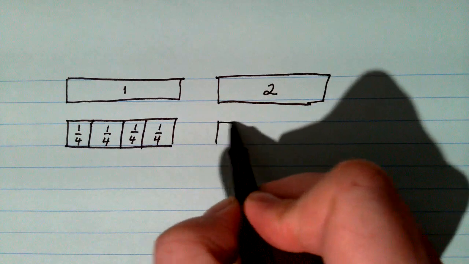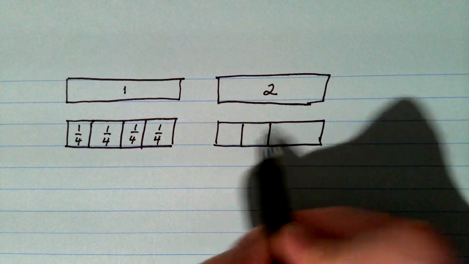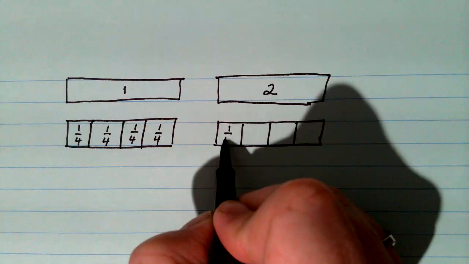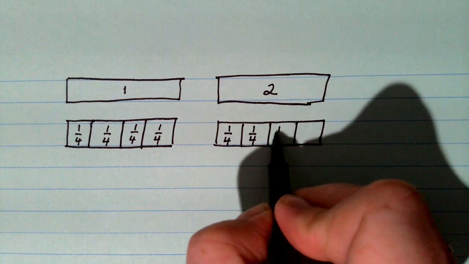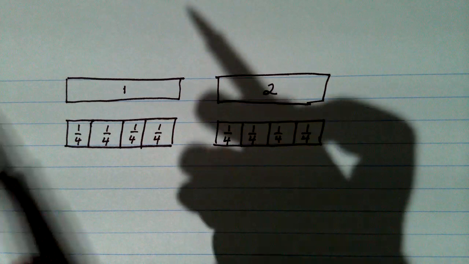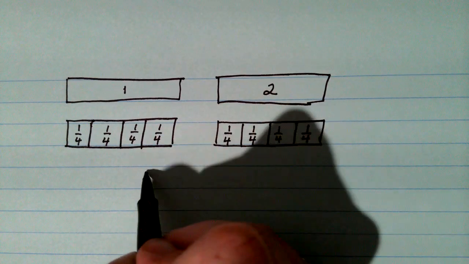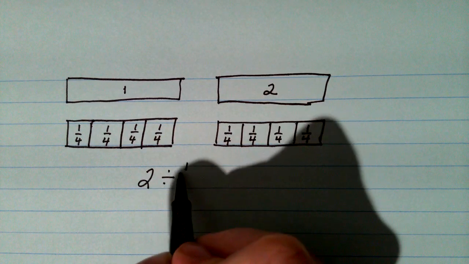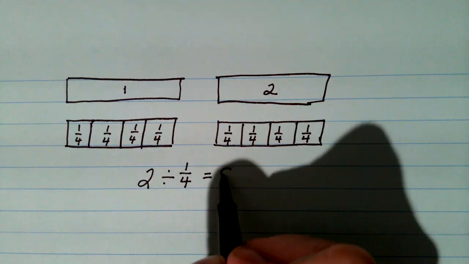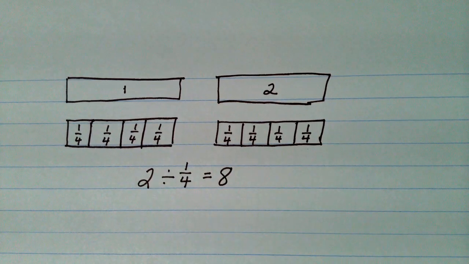And we have to divide this one into fourths. So we want all of our pieces to be the same size. If we take 2 wholes and divide them into 1/4, how many fourths will there be? Well, let's count. 1, 2, 3, 4, 5, 6, 7, 8. So 2 divided by 1/4 equals 8. So this tells us the number of pieces out of what we started with. 2 divided by 1/4 equals 8.